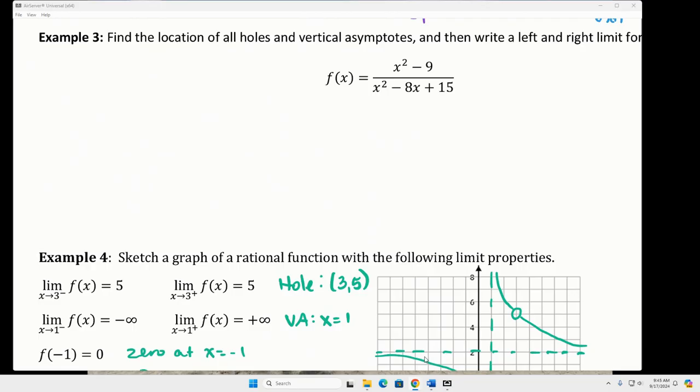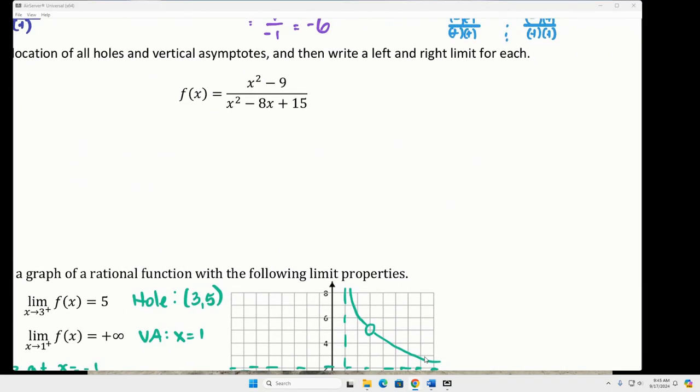find the hole and the vertical asymptote, what do I need to do first on this problem? I need to factor.